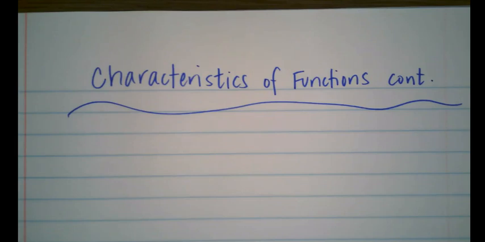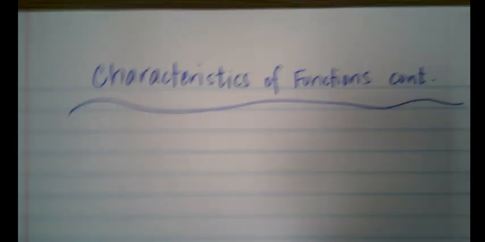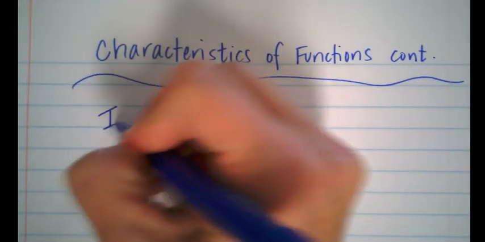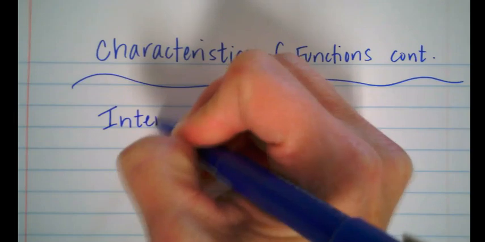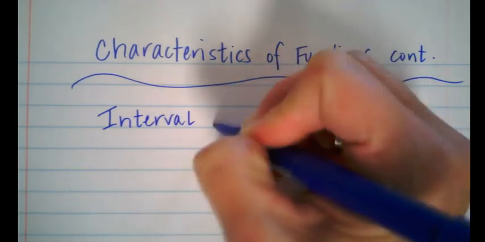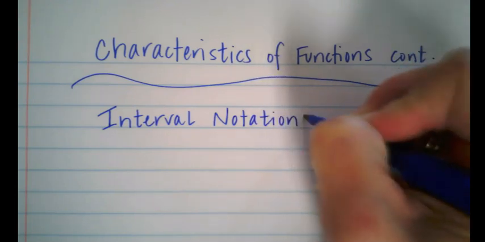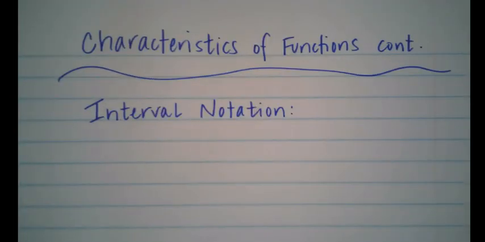So what I want to do on this just real quickly is mention the interval notation. We talked about it quickly yesterday, but interval notation is how we are writing some of our answers for domain and range and increasing and decreasing, those kinds of things.